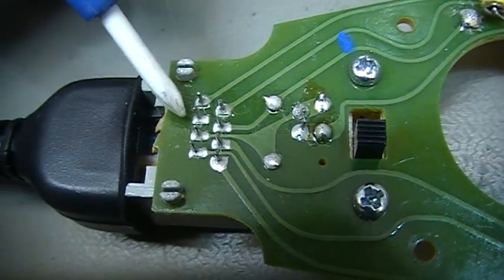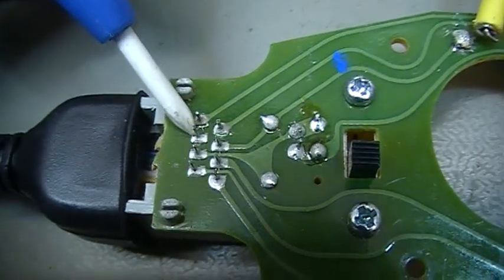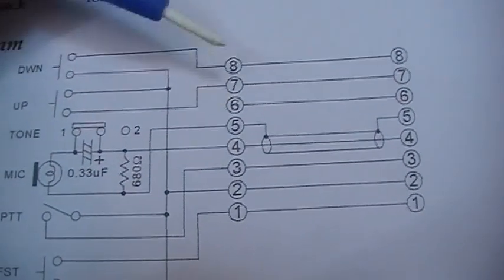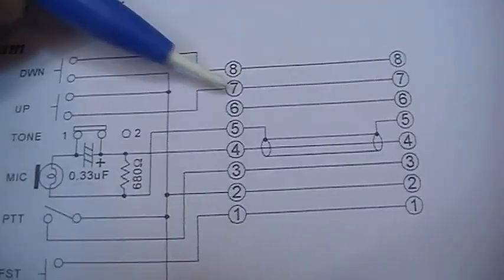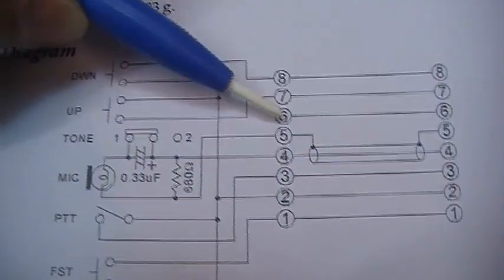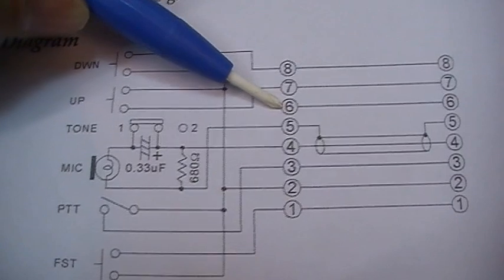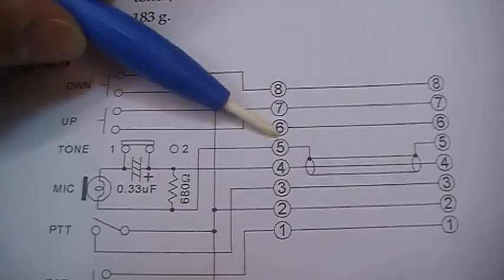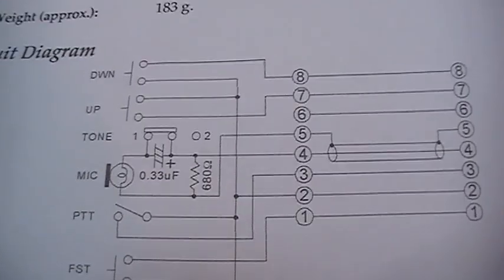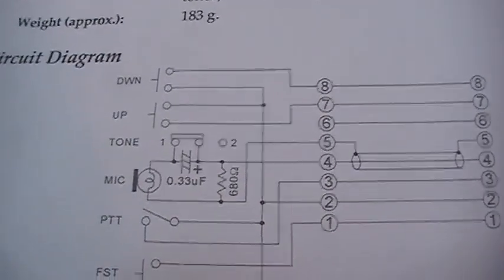So that must be 6, which we already found in the schematic, that it is wired, but there is no trace on the microphone PCB. So all the other points are connected somehow, but 6 is not connected.